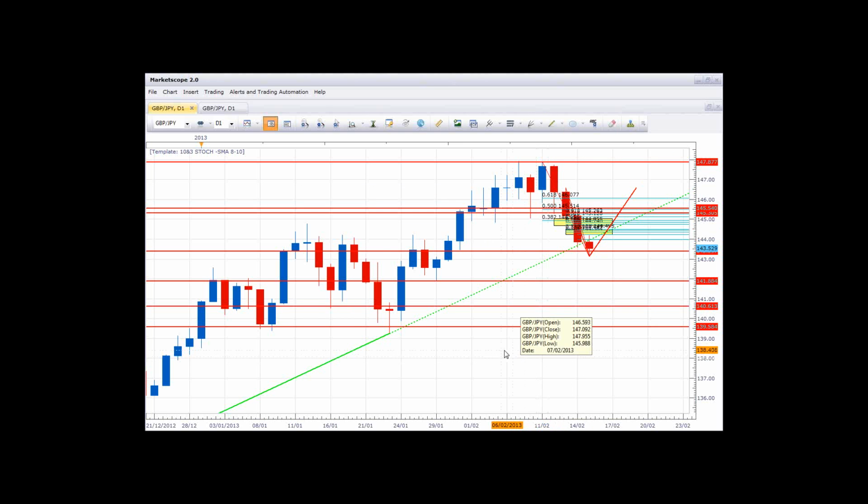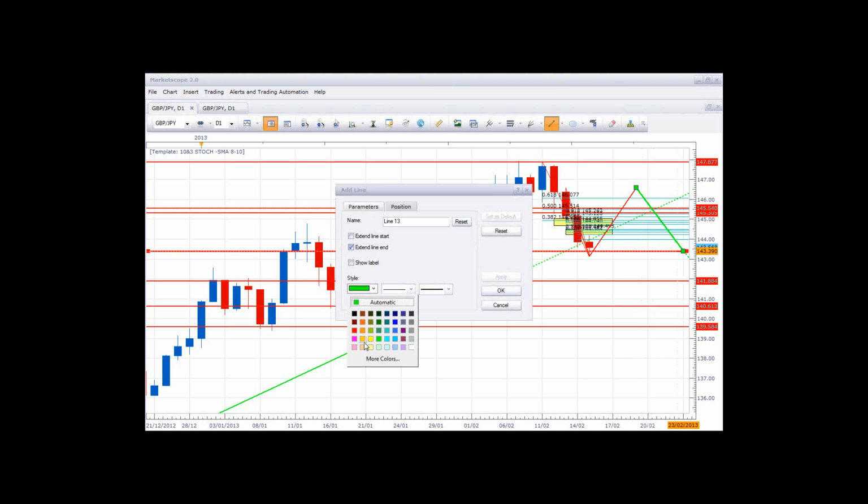We can't do that as yet. Better price of selling if it comes back on a correction, and if the price doesn't want to go beyond the highest price at 147.87, then we're going to go short. So is there a difference between the pound yen and the dollar yen? So why do you want to go along with the pound yen and you don't want to go along with the dollar yen?